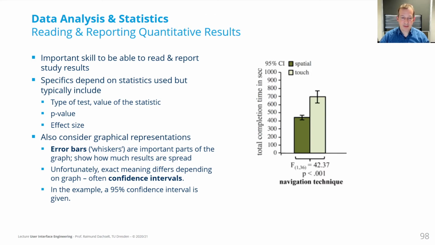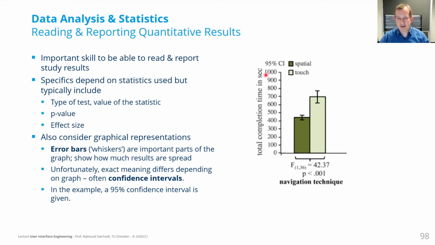And for graphical representation, you often use error bars, the whiskers, which are an important part of the graph. They show the spread of the results, so how they are spread basically. Typically you have maybe 2 conditions, like the spatial condition or the touch condition. In this case, this is aggregated data from all the spatial conditions and all the touch conditions.